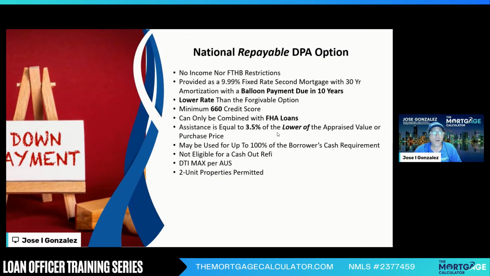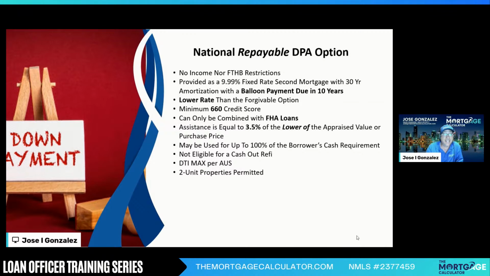And now our national repayable DPA option. Again, no income nor first-time homebuyer restrictions. Now, the down payment assistance for this program, the 3.5% of the sales price, the assistance is equal to 3.5% of the lower of the appraised value or the purchase price, right?